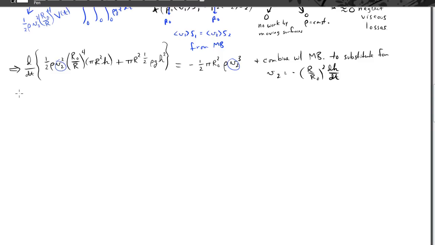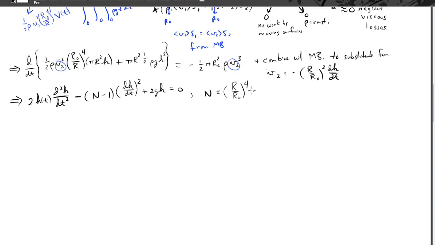So what we find, after we do that and do some rearranging, we get 2h of t times the second derivative of h with respect to t, because V2 gives us one derivative and we substitute here, we're taking a second derivative, so we get two derivatives of h with respect to t, minus n minus 1 multiplied by dh/dt squared plus 2gh is equal to 0, where once again this parameter n is equal to capital R over R0 to the fourth, and that's something that's very big.